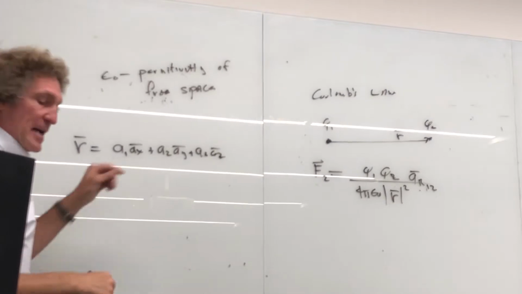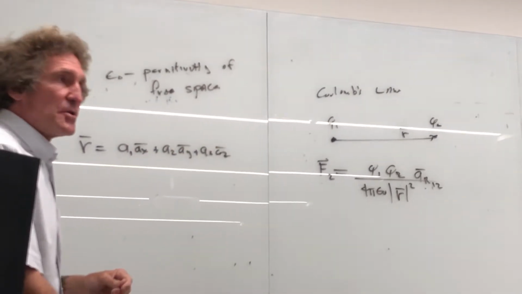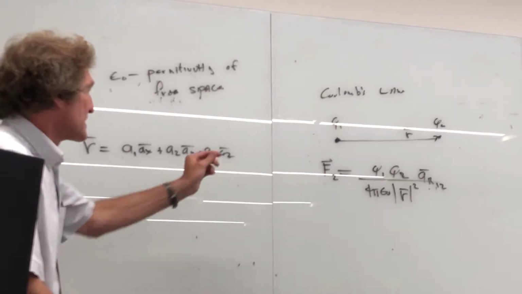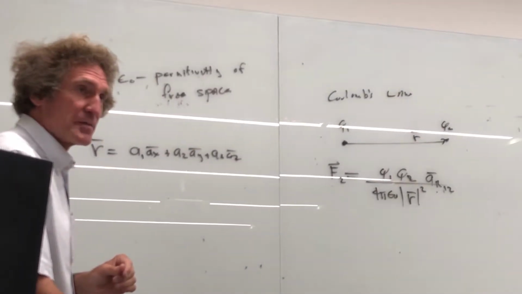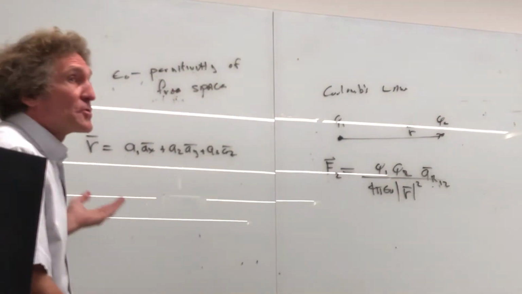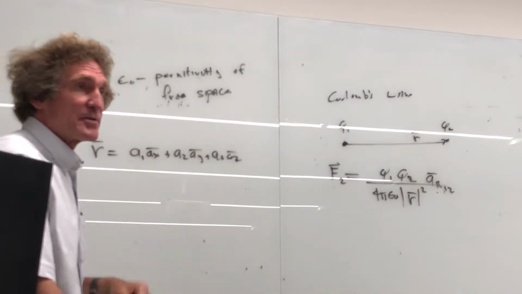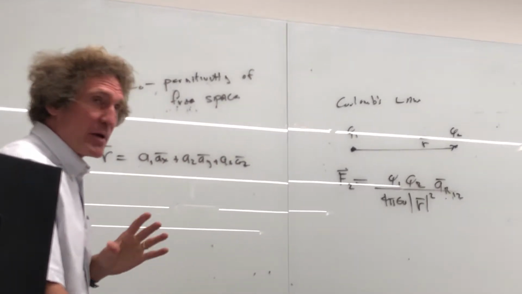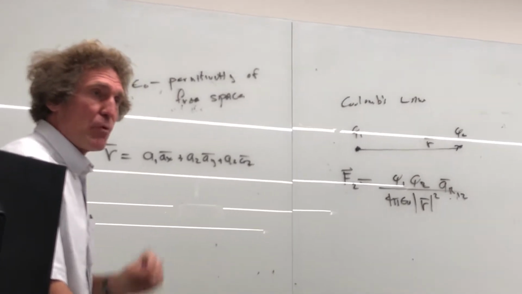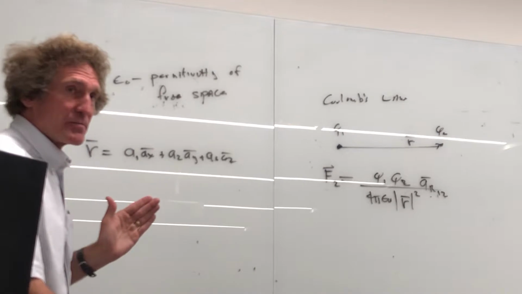Now that just means aX is a unit vector in the direction of the x-axis, aY is a unit vector in the direction of the y-axis, and aZ is a unit vector in the direction of the z-axis. Do you follow me on this, class? A1, A2, and A3 are just any scale factors. It could be 3aX, 0aY, 1aZ. Could be anything, but that defines a vector from one point to another. Remember, vectors have magnitude and direction.